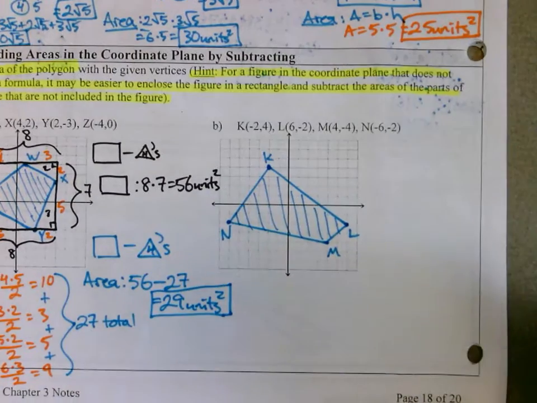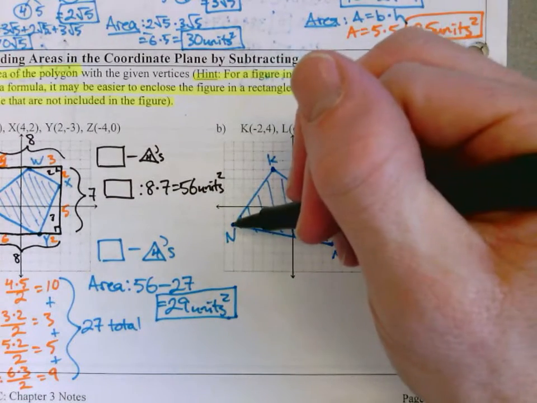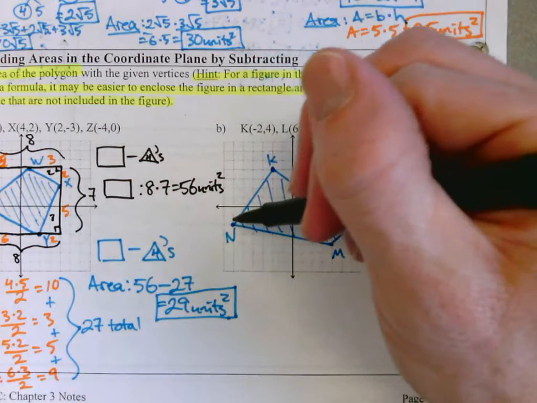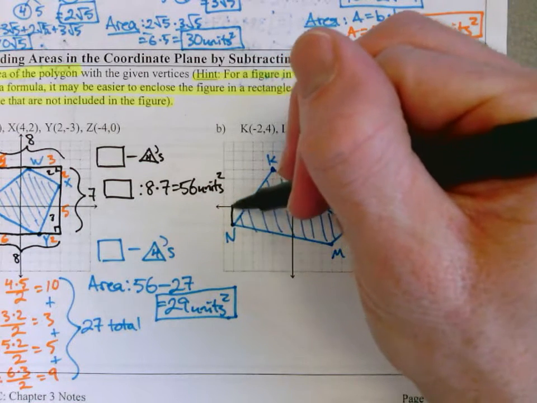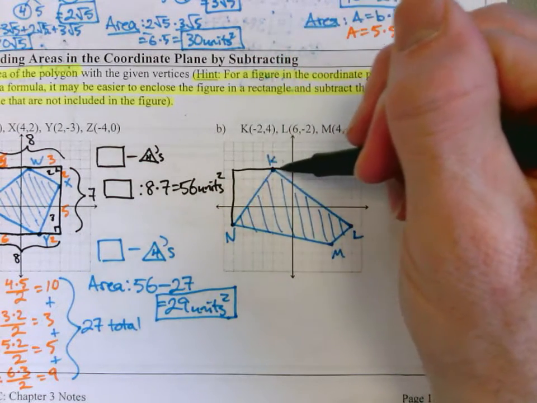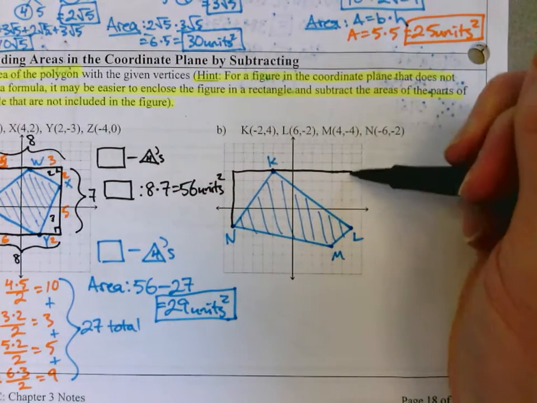So I'm going to go ahead and carefully draw, starting at point N, a rectangle around the outside of this shape, making sure that I come in contact with each of the points on the original shape.